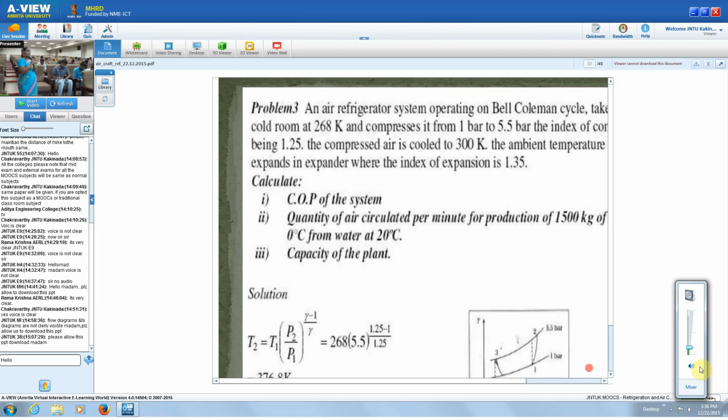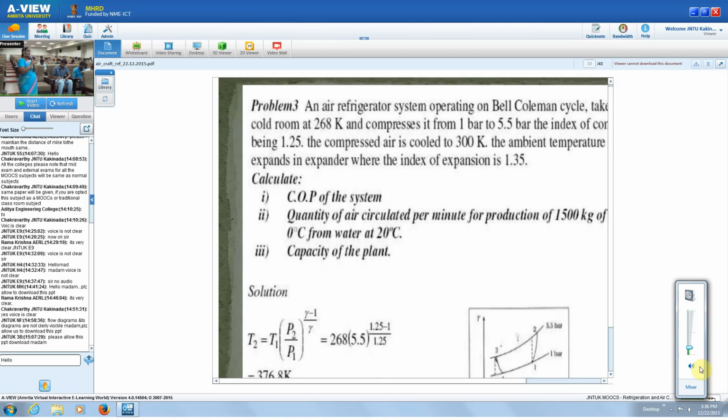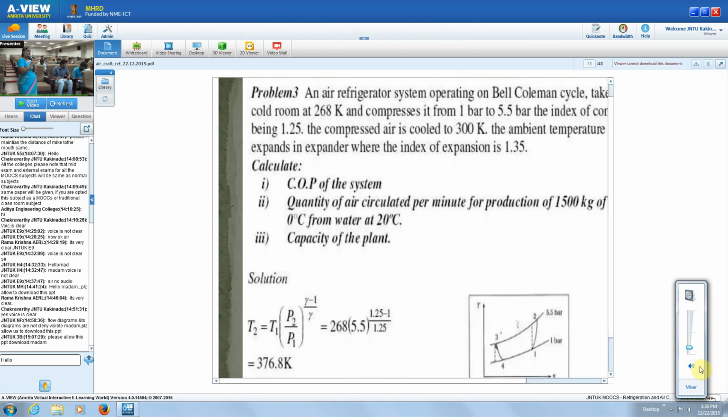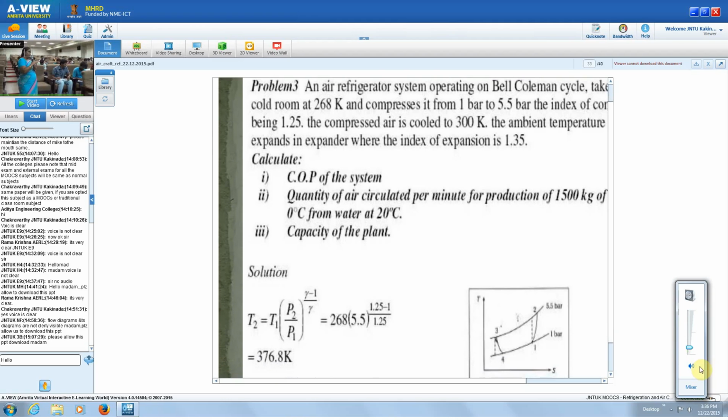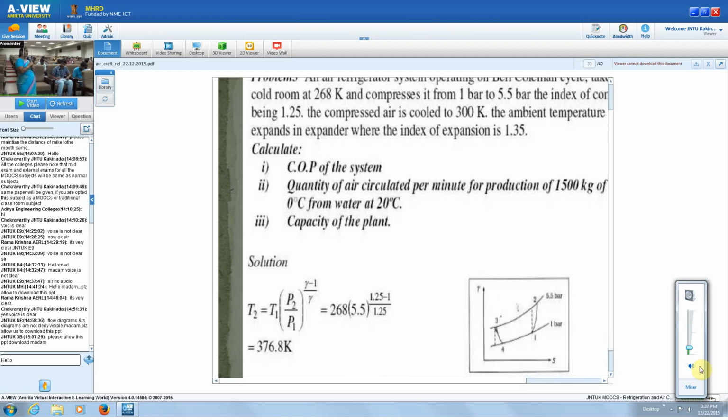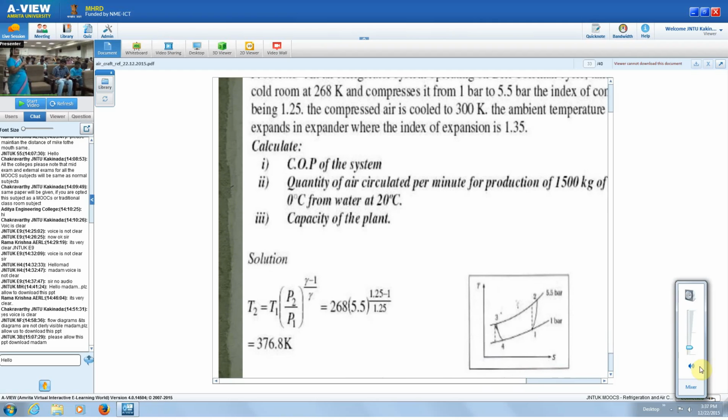So initial conditions are given. The pressure is given as 1 bar and the temperature 300 Kelvin. Compressed air is cooled to 300 Kelvin.